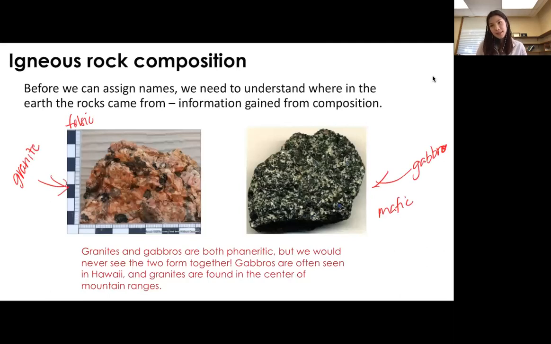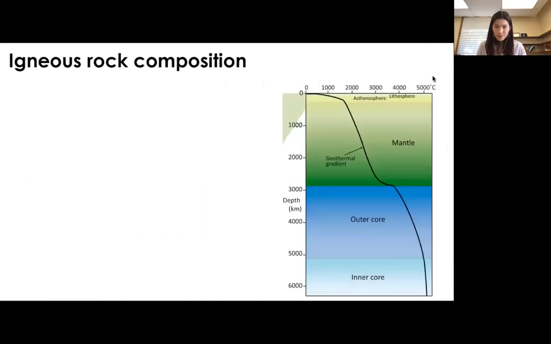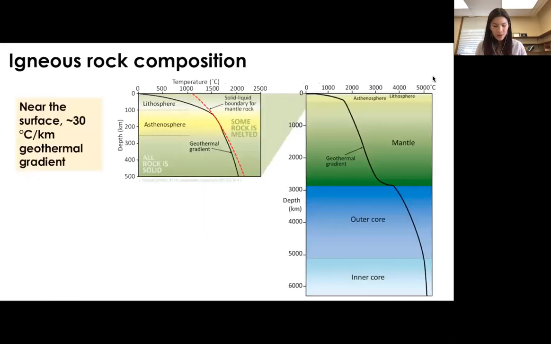And we may expect to see them with some bimodal volcanism from continental hotspots. However, it is really uncommon to see these.